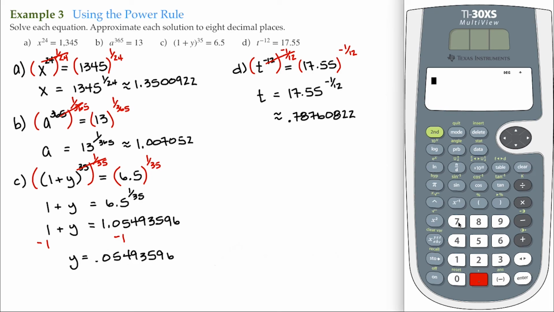If I take 0.78760822 and raise that to the negative 12th power, I wound up with 17.549999, very close to 17.55. So I think we're good.